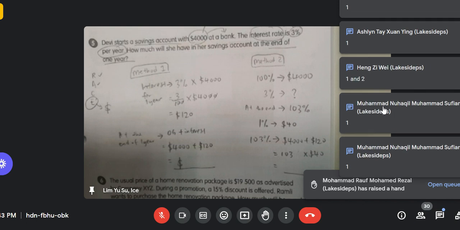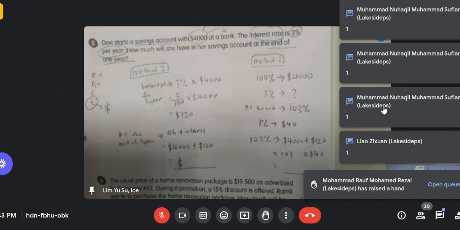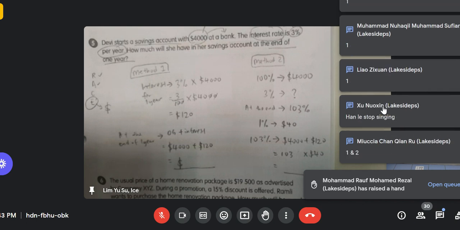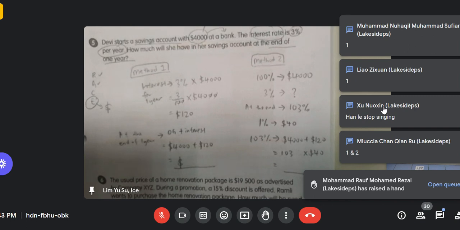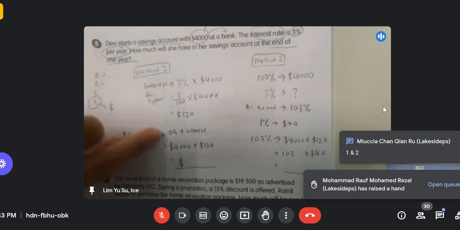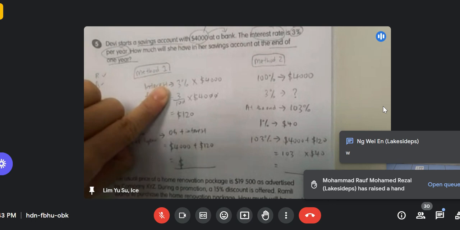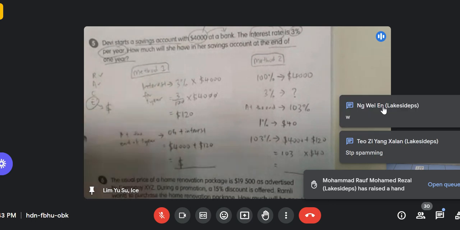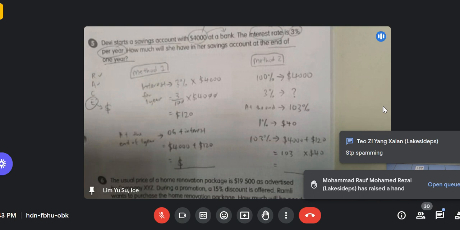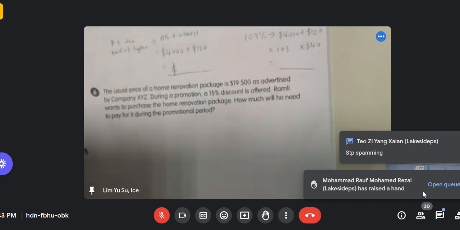I agree because method one gives you a step-by-step approach, so when you are checking, it's also easier to find a mistake. Okay, very quickly, we move on to the last one.